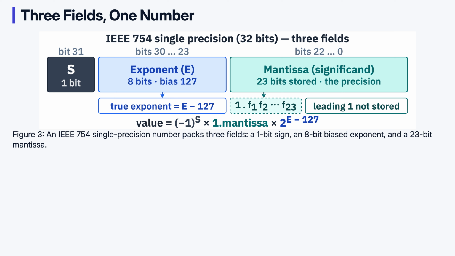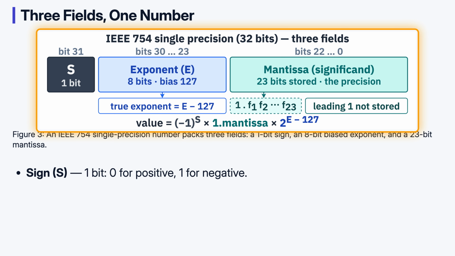An IEEE 754 number packs 3 fields into one fixed width bit string. Watch them appear, one at a time. First, assign a single bit. 0 means positive, 1 means negative. Second, the exponent, 8 bits in single precision.